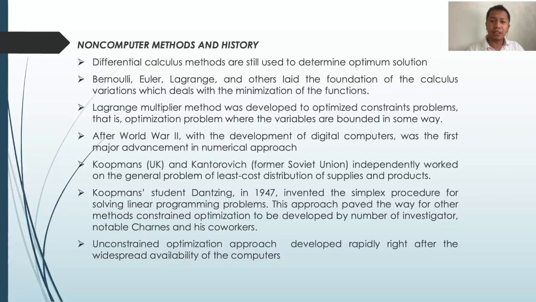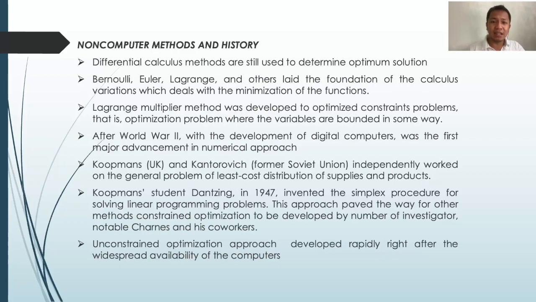The first major development in the numerical approach came after World War II with the development of digital computers. Koopmans and Kantorovich independently worked on the general problems of least cost distribution of supplies and products.